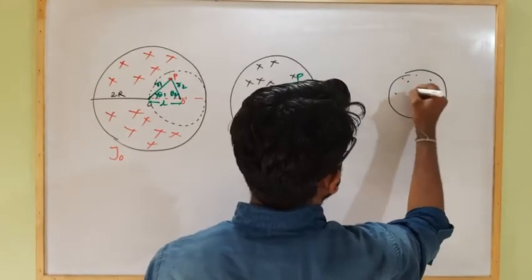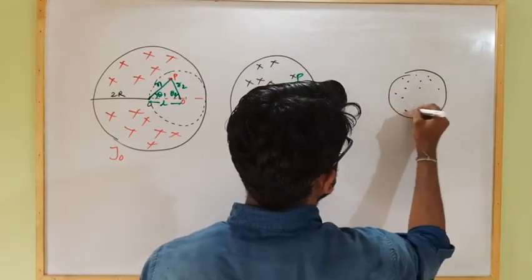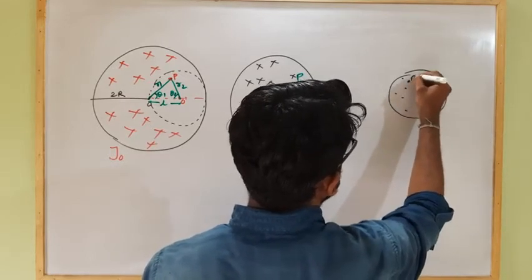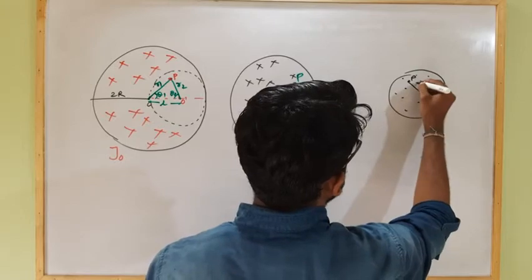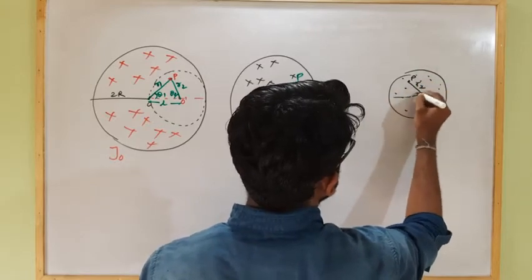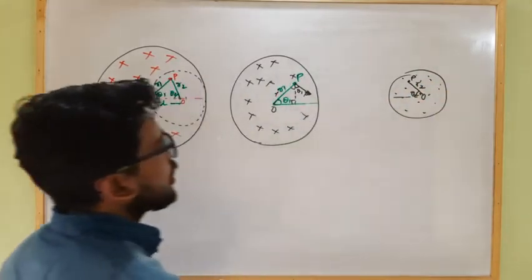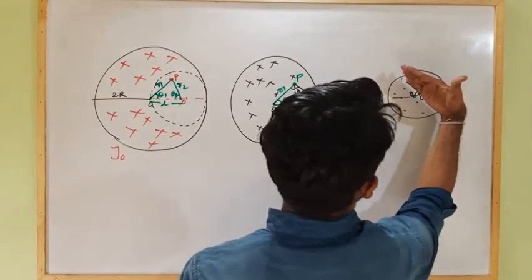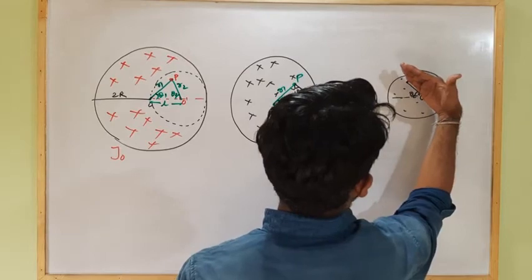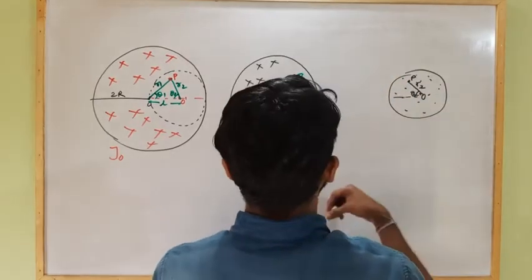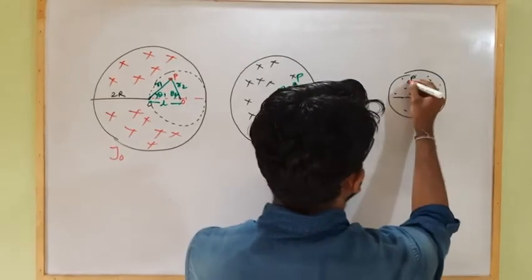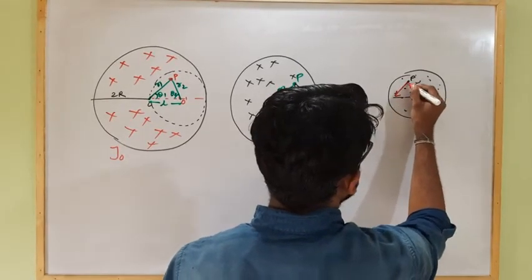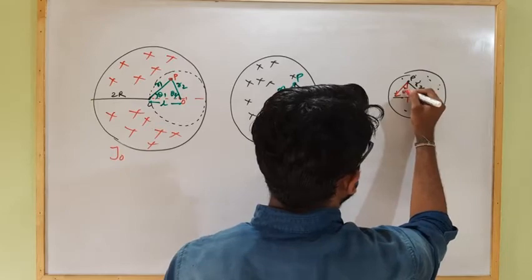Similarly for the cavity, current goes in the opposite direction. This is O dash, and here is the point of observation P at a distance R2, and this angle is theta 2. According to the right hand palm rule, current comes upward, this is the position vector, so at this point the magnetic field direction will be along this direction. As this is theta 2, this is 90 degrees, so again this will be theta 2.